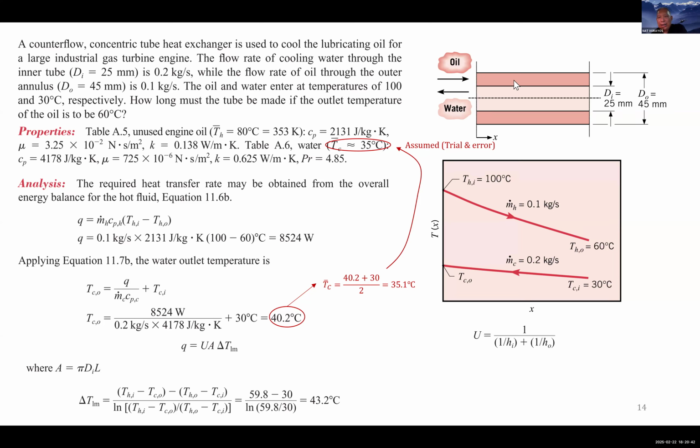So at least there should be the thermal resistance of the hot fluid, the thermal resistance of the tube, the inner tube, and the thermal resistance of the convection inside. Once again, there must be at least 3 thermal resistances in order to find a UA.